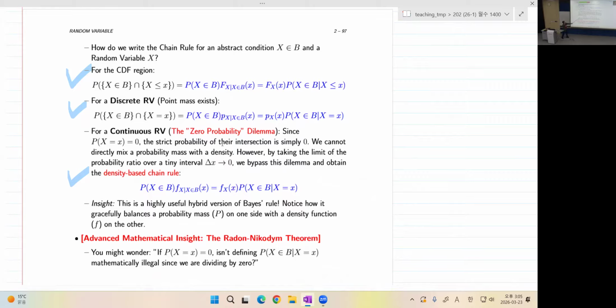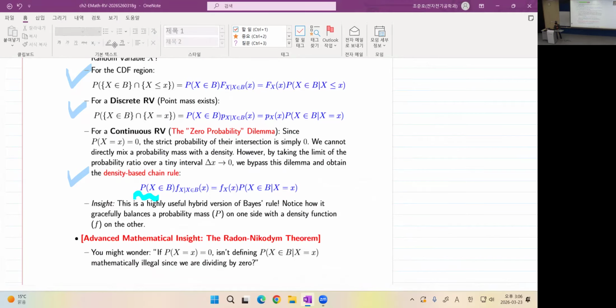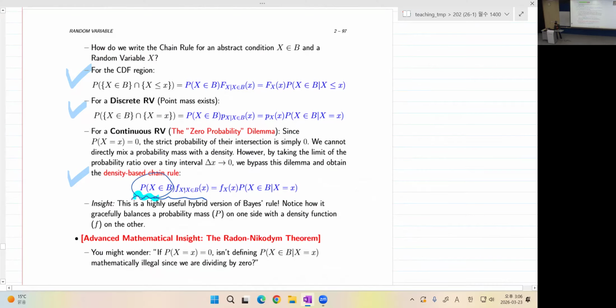The problem occurs here. What about if X is a continuous random variable? In that case, you see the asymmetry, non-symmetry. See that this looks like P of B given A times P of A, and P of A given B times P of B. However, there is nothing here that corresponds to the leftmost side. Why?